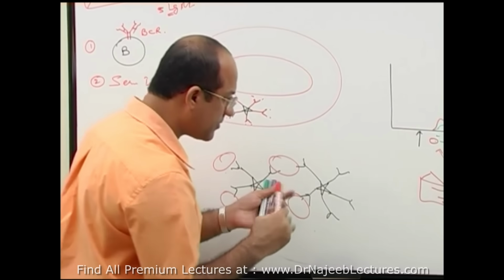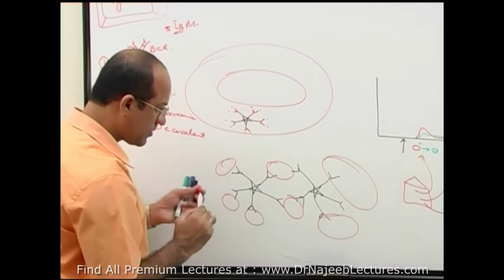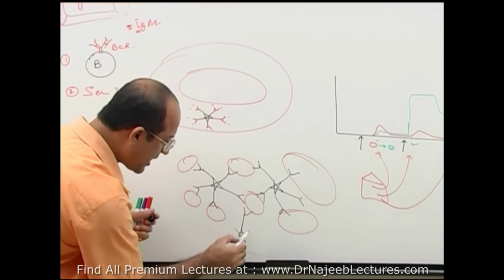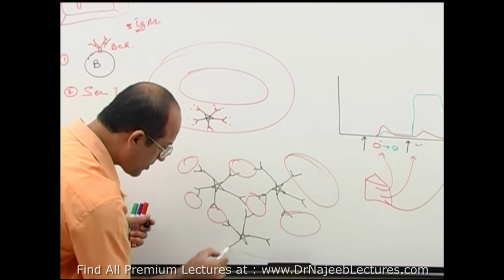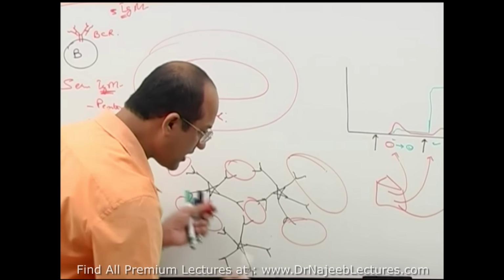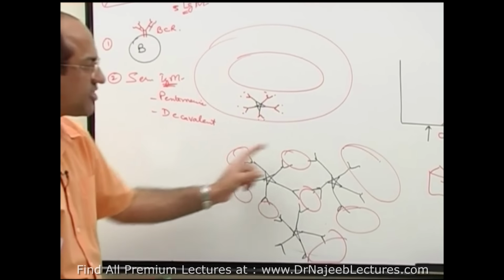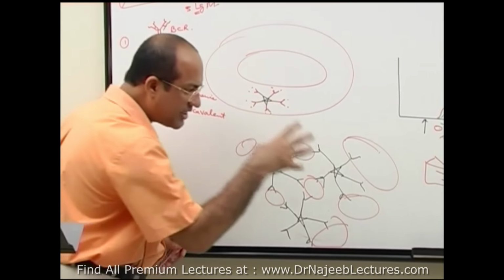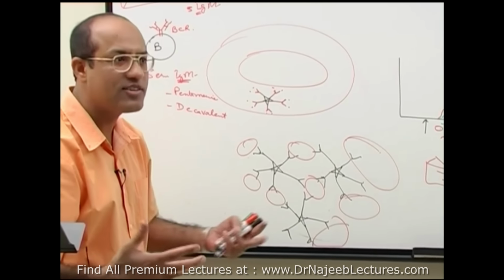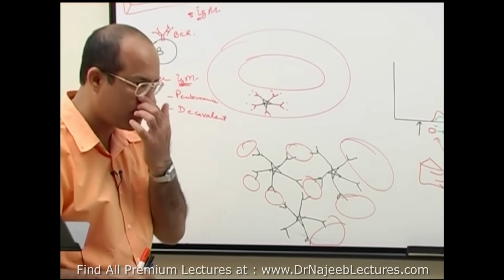So what really happens? Are you understanding? The network of RBCs, which were originally separate from each other, as soon as IgM pentamers come, they cross-link them and these RBCs clump together. This reaction is called agglutination.